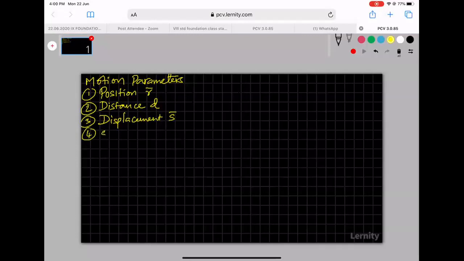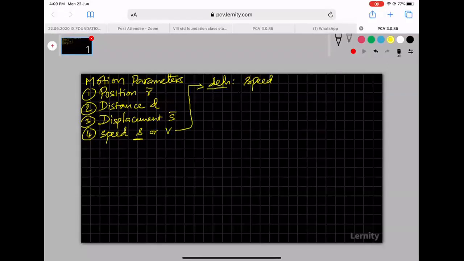The fourth motion parameter that we'll learn is speed. We write speed with a small s, or sometimes a small v. We'd rather use small s. Speed is a scalar quantity by definition.